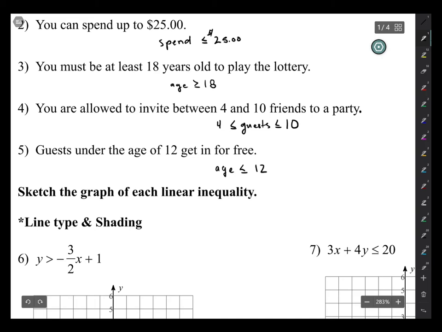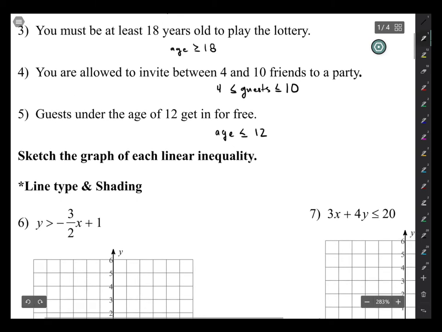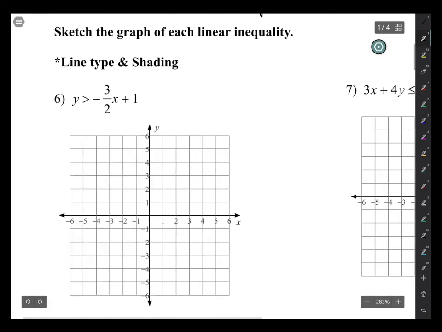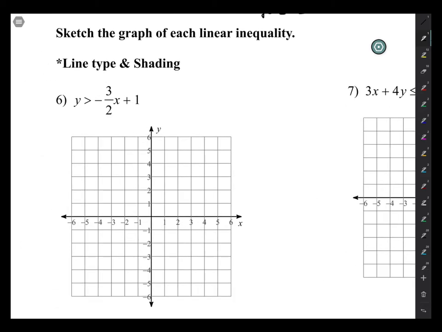Where this gets a little more interesting is when we are sketching graphs of each linear inequality. So remember, with inequalities, you have to decide on two things: the line type and where to shade the graph. For line type, you are going to use a dotted line if it is a greater than or a less than sign.